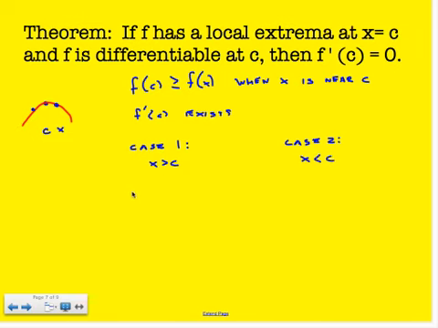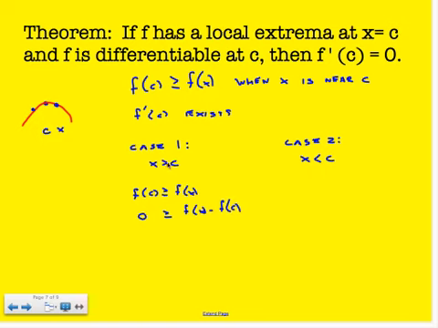So what do we know? We know that f of c is greater than or equal to f of x. We can subtract f of c from both sides and say that f of x minus f of c is greater than or equal to 0.